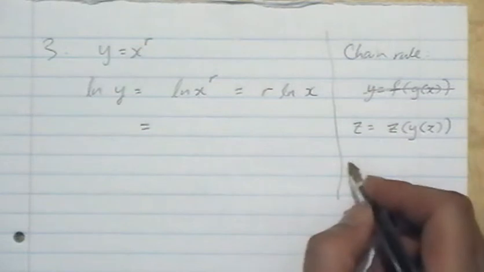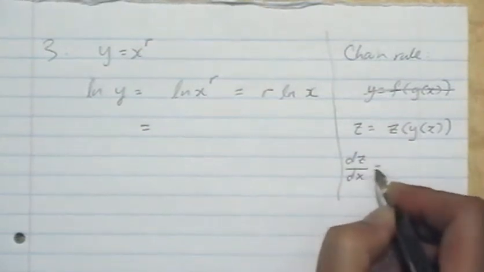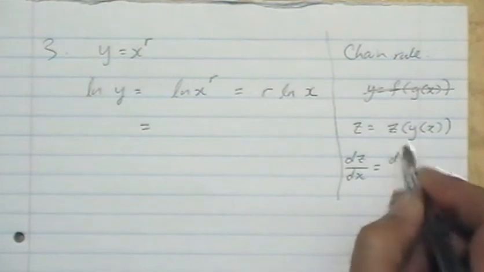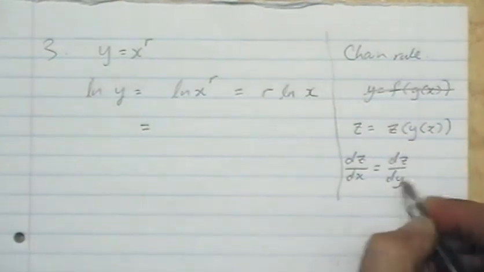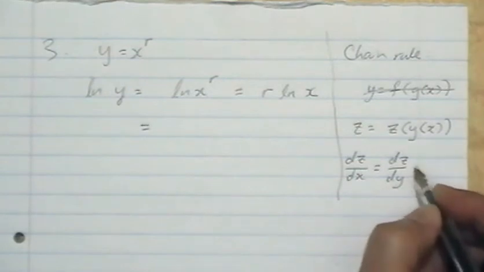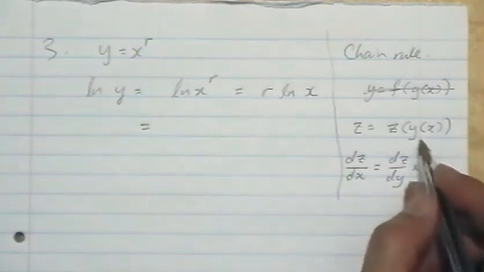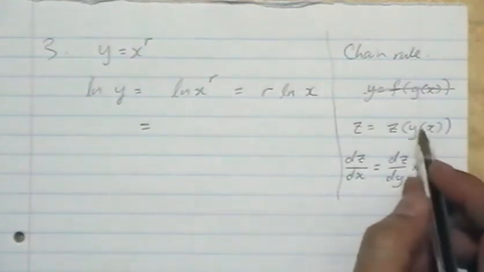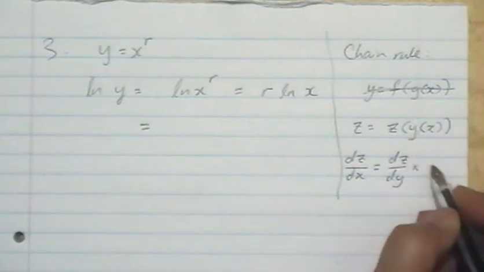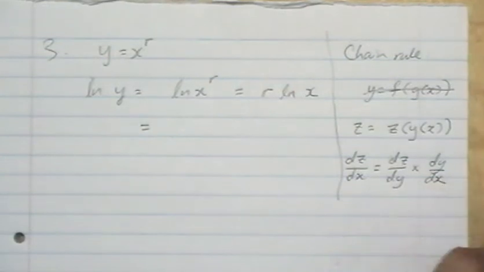So according to the chain rule, if I want to differentiate z with respect to x, I must first differentiate z with respect to y, and then multiply this by the result for differentiating y with respect to x.